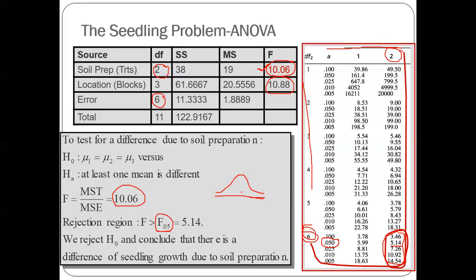But let's say if you draw the graph, the value of F that has alpha 0.05, alpha 0.05 refers to 5.14.